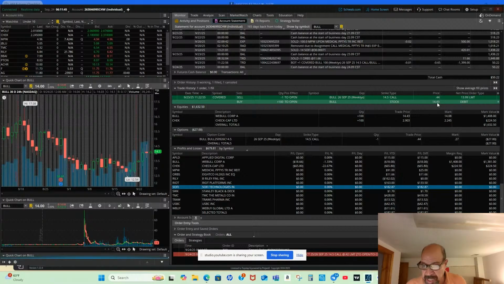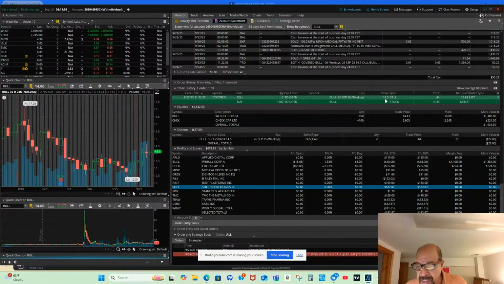It's $1,443 for the shares, but at the same time they gave me $44 for that contract to buy them from me for 14.50, because they're hoping it's going to go higher. So am I. In actuality, what they took from me was 13.99, that's 14.43 minus the premium of 44 cents.